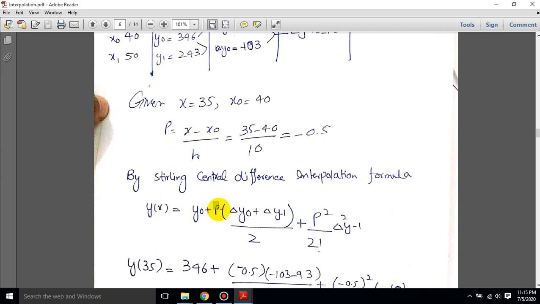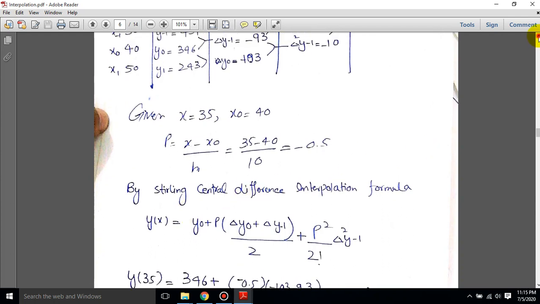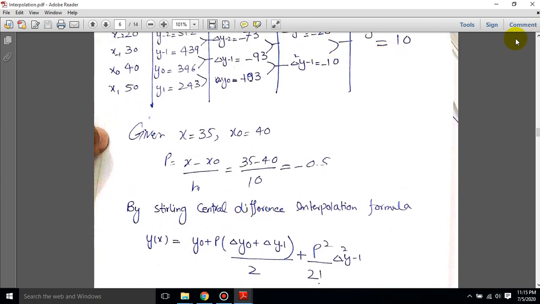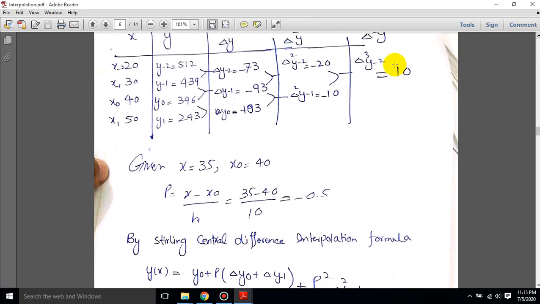Now this is a new term here, but I'm going to define the p. Into del y naught plus del y minus 1 over 2, plus p square over 2 factorial del square y minus 1 here. Remember, when you're going to define the table here, we only need the values till this point actually.